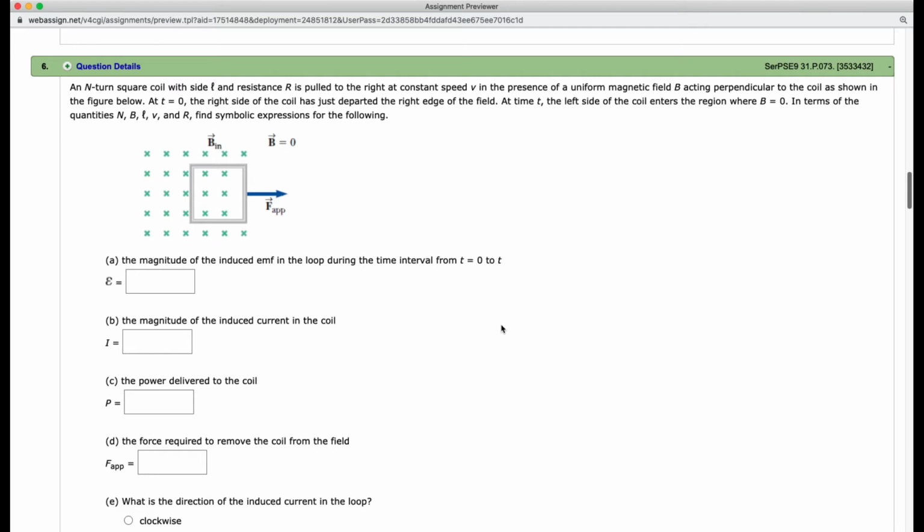So in part D, you wanted to find the force. Okay. So in part C, you calculated the power, and you got that right.